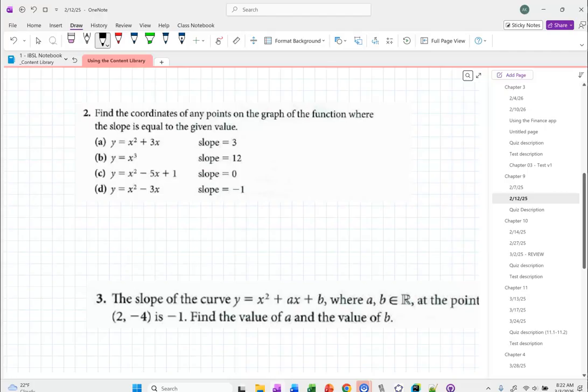Here it says, find the coordinates of any points on the graph of the function where the slope is equal to the given value. So if I'm looking to find a place on these curves where the line tangent to it has a specific slope, I really need to be dealing with the derivative.